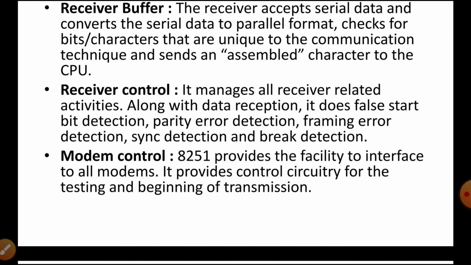The output signal is used to tell the modem that the data terminal is ready, or it is ready to transfer the data, and it starts the beginning of the transmission. So with the help of different lines, it will be managing its work to properly function the 8251.